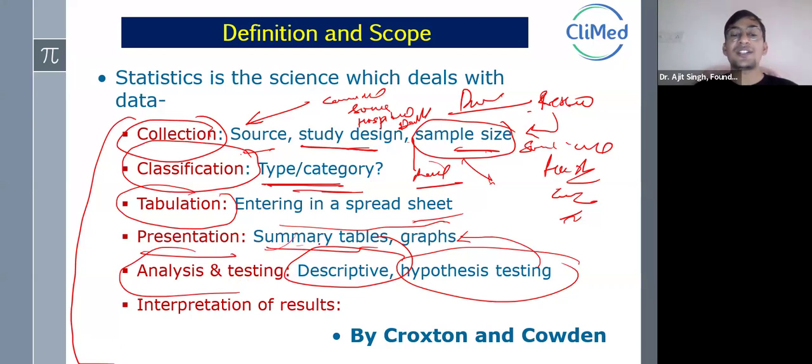Why do we have to represent the data? Because we are giving this data to laypeople also. When I was doing my PhD, I collected data, and when we go to conferences, we don't know what type of people will come and look at your data.